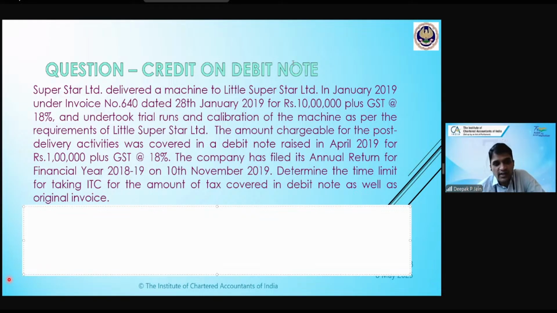So Ishan is saying 30th November or 10th November, whichever is earlier. Okay, so will you write the answer like this? No? Okay, you're only discussing the three. Fine. Debit note is next financial year. Debit note, right, is clean by 10th November. Okay.